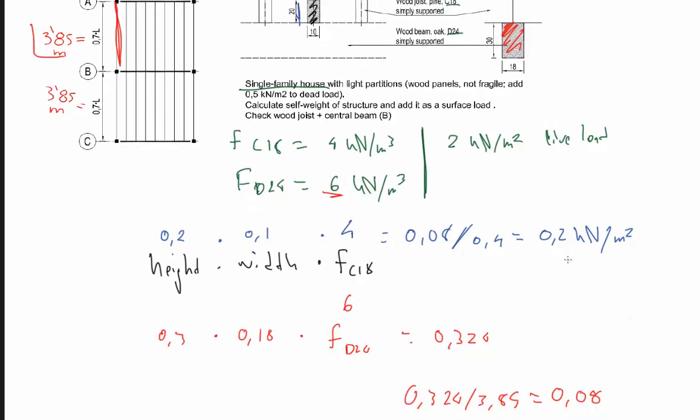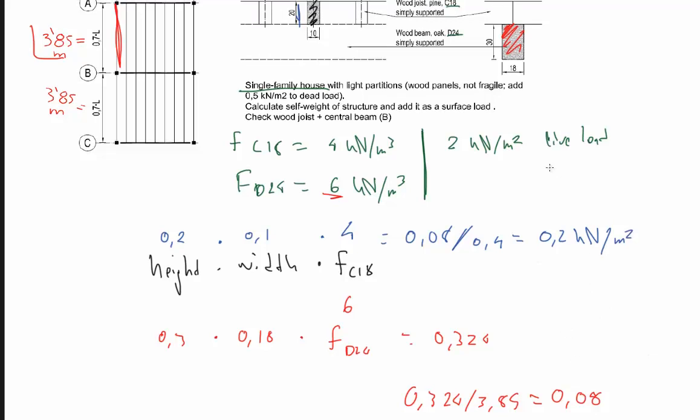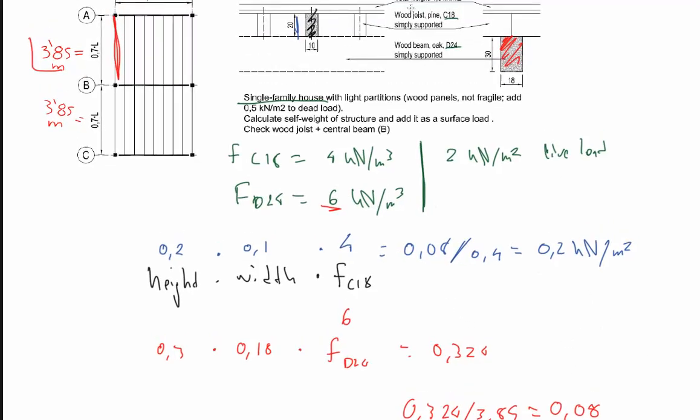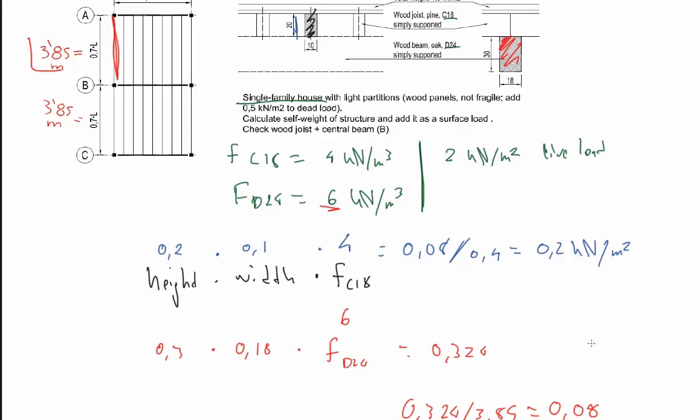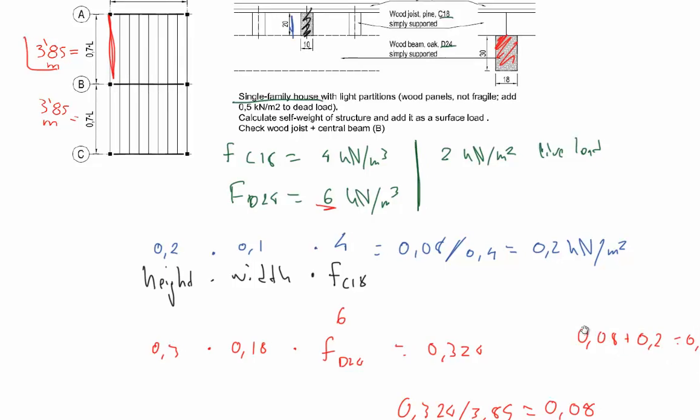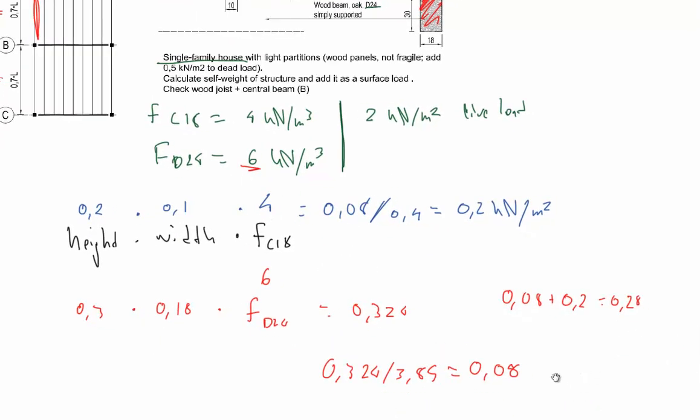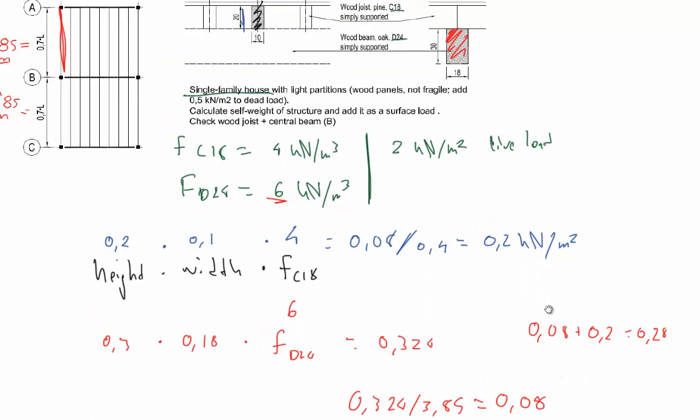Adding these two together gives the weight: 0.08 plus 0.2 equals 0.28. That's a very small number, and apparently it's usually neglected.